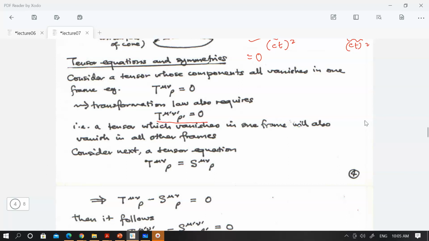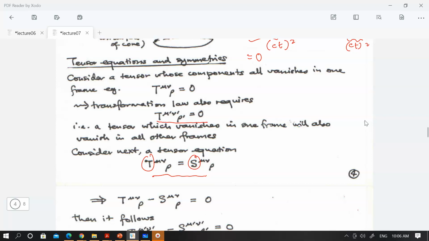So once it's valid in one reference frame, then that equation should also be valid in the other reference frames. Take, for example, this equation. This equation tells you about two different tensors here, T and S. You consider them totally independent of each other, but somehow in one reference frame, they are equal.